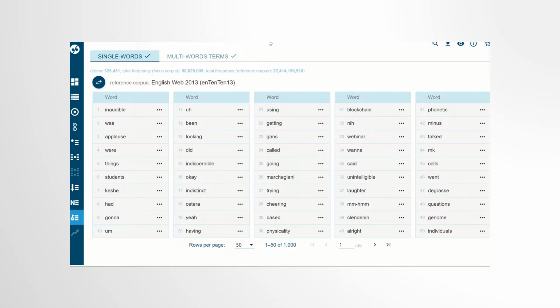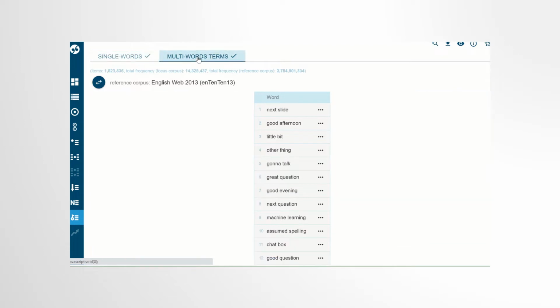So you'd expect to find it in this kind of corpus. Going, cheering, and so wanna. So lots of colloquial elements, which we would also find probably in a conversational corpus, a corpus of English conversation. Let's have a look at the multi-word terms.